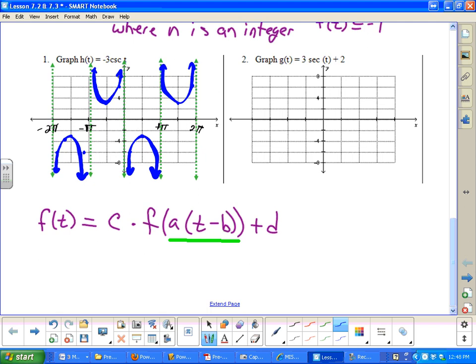Close to that. Okay, so there's a graph of negative 3 cosecant of t.